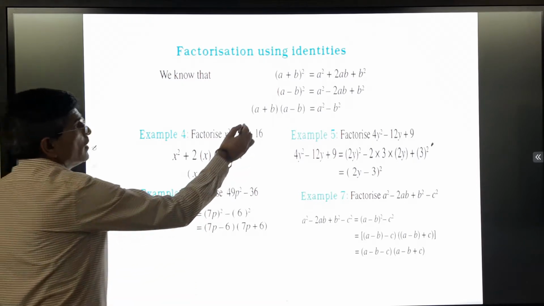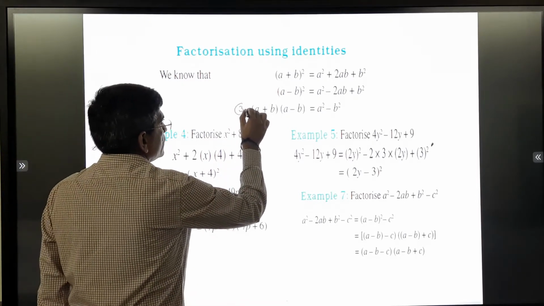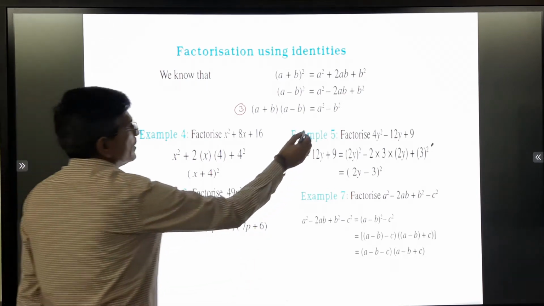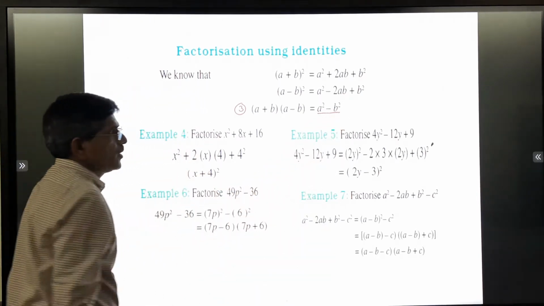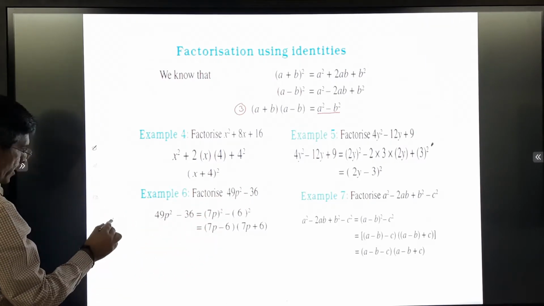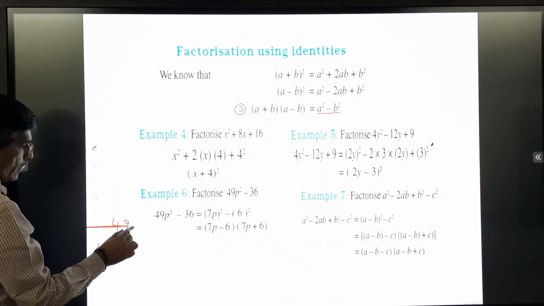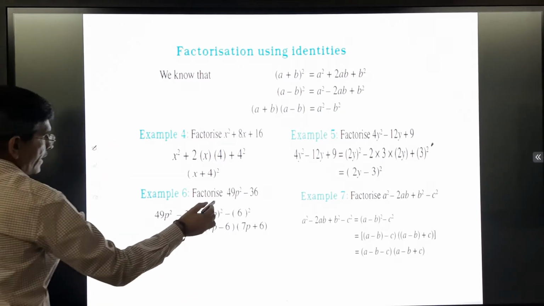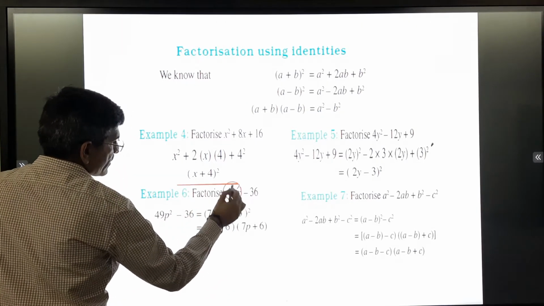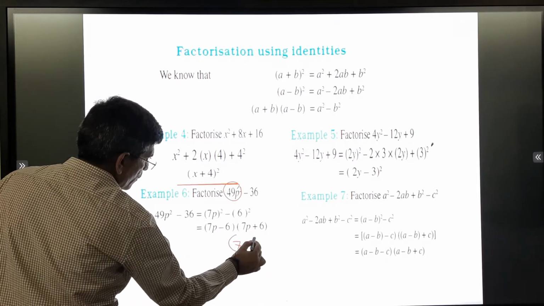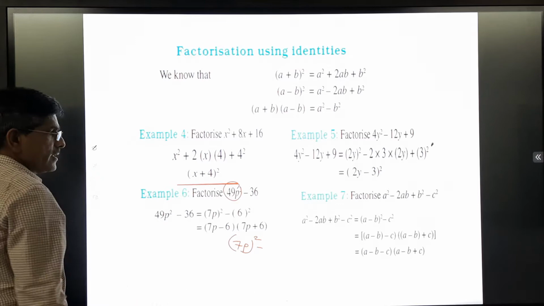Now the third identity, (a plus b)(a minus b), the answer is a squared minus b squared. So simple, 49p squared. 49 means what? 7. So 7p whole squared. 36 means what?